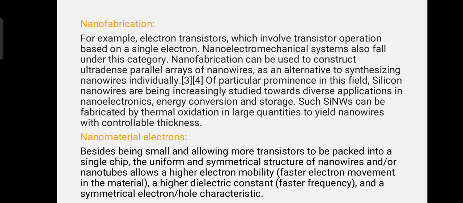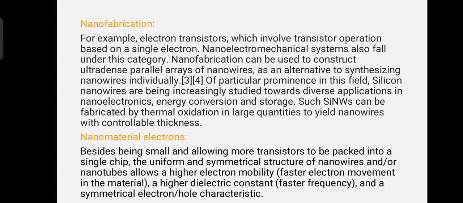Nanofabrication can be used to construct ultra-dense parallel arrays of nanowires as an alternative to synthesizing nanowires individually. Of particular prominence in this field, silicon nanowires are being increasingly studied towards diverse applications. In nanoelectronics, energy conversion and storage, such SiNWs can be fabricated by thermal oxidation in large quantities to yield nanowires with considerable thickness.